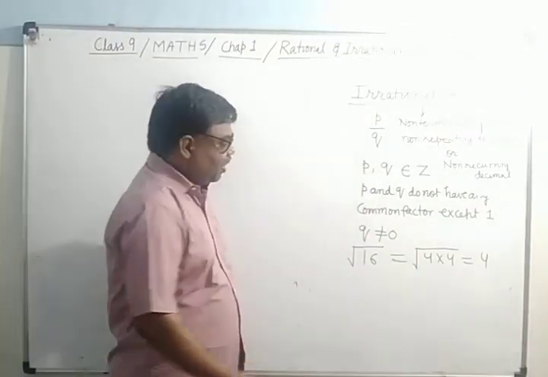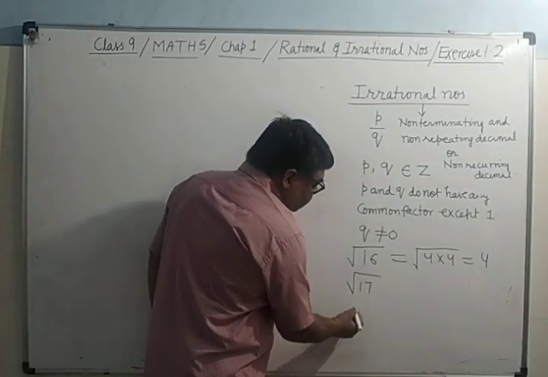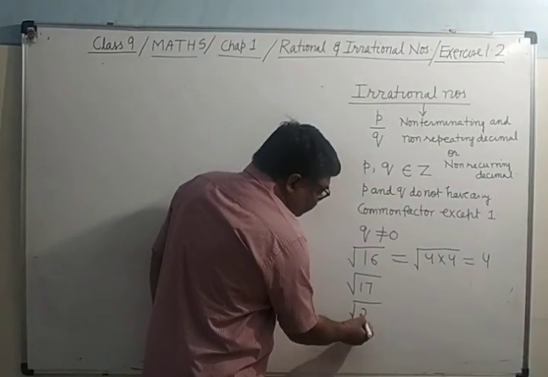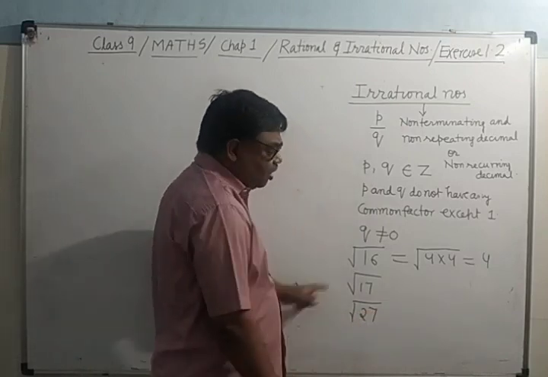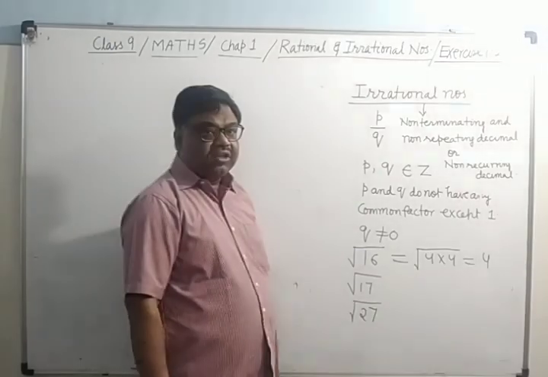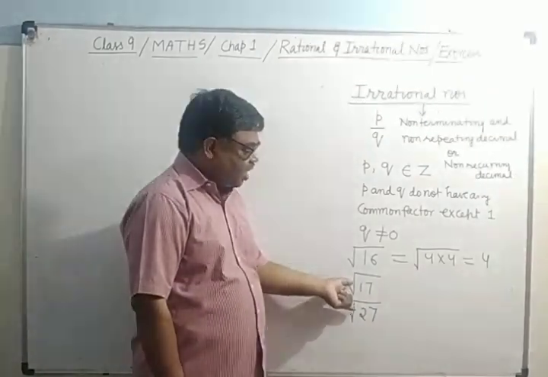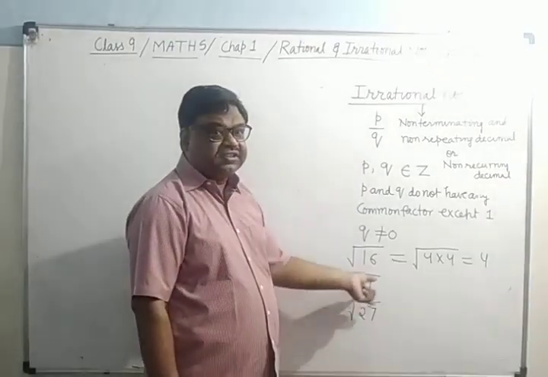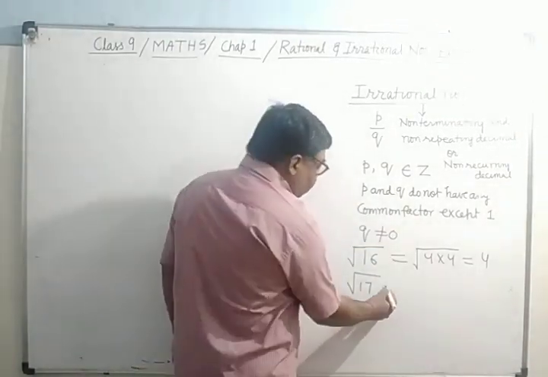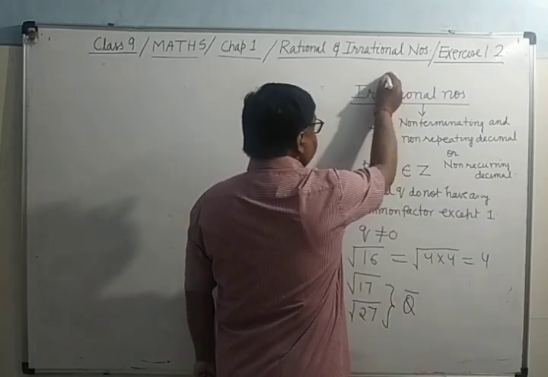But if you write root 17 or square root 27, all are surds. This sign cannot be removed. Therefore, it is not a rational number. It is an irrational number. Both are irrational. Irrational numbers are represented by this symbol.